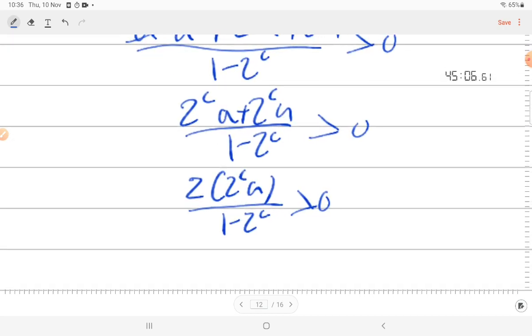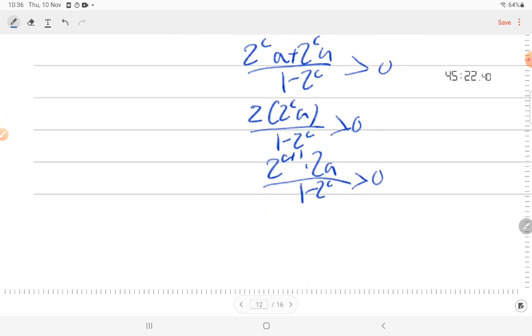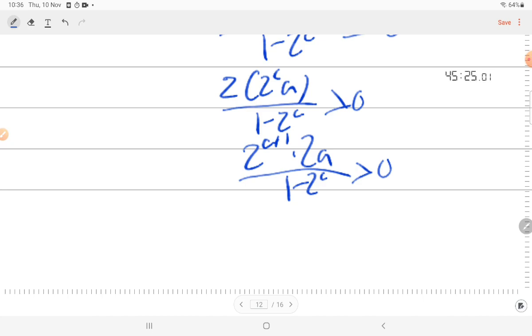And then so it's either 2 to the power c plus 1 times 2a is equal to or greater. And they have to be the same sign.